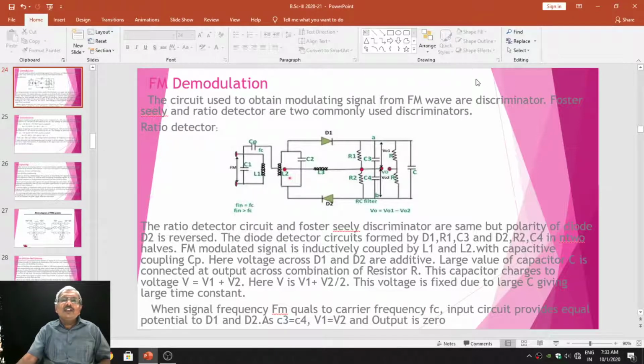The FM demodulation circuits used to obtain the modulating signal from the frequency modulated wave are known as discriminators.